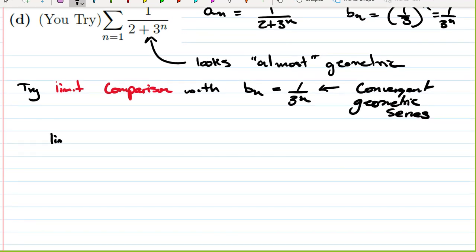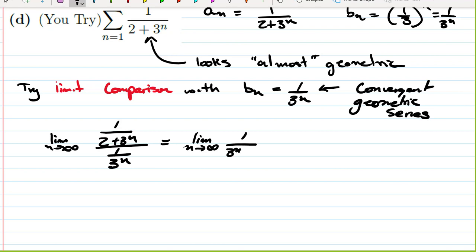So we take our limit as n goes to infinity of 1 over 2 plus 3 to the n all over 1 divided by 3 to the n. For a division of a fraction we can multiply by the reciprocal, and that gives us the limit as n goes to infinity of 3 to the n over 3 to the n plus 2.